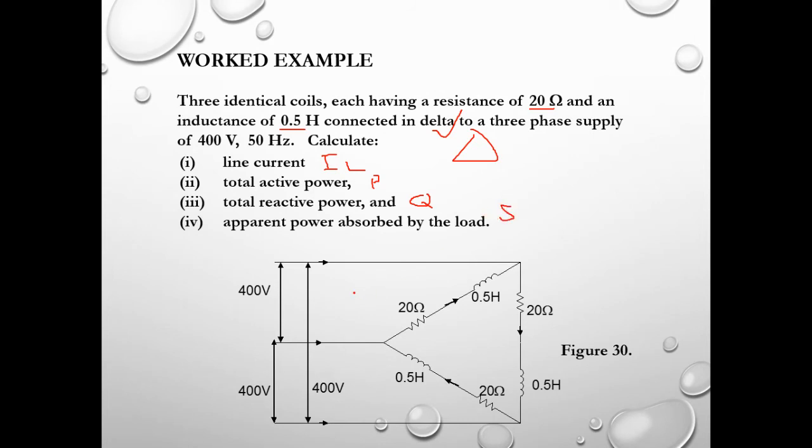We have our three-phase supply, which is 400 volt, supplying a delta connected load with 20 ohm resistance plus 0.5 henry inductance.